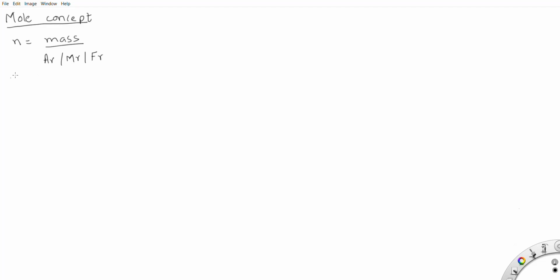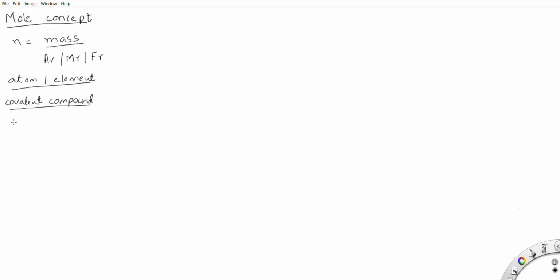If it is talking about an atom or an element, then we can use atomic or relative atomic mass. If the question talks about a covalent compound that usually has a molecule inside it, then we can use relative molecular mass.